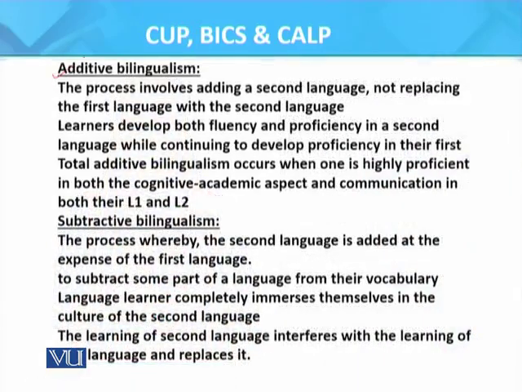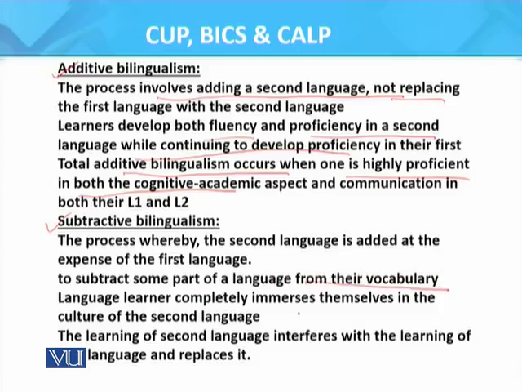Additive bilingualism is a process which involves adding a second language and not replacing. Learners develop both fluency and proficiency in the second language while continuing to develop proficiency in the first. So material is added, information is added, and there is no replacement. Total additive bilingualism occurs when one is highly proficient in both cognitive and academic aspects. Subtractive bilingualism is where some of the linguistic features or vocabulary are subtracted or reduced.